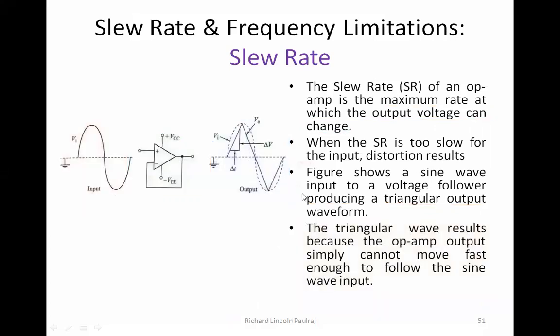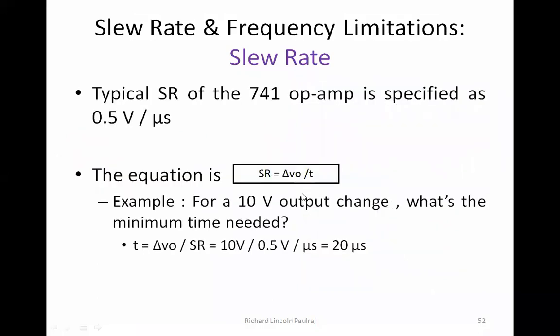Keeping these things in mind, we move on and come up with an equation. This equation is important, and we try to understand what this equation is telling us. Let's say the 741 op amp.